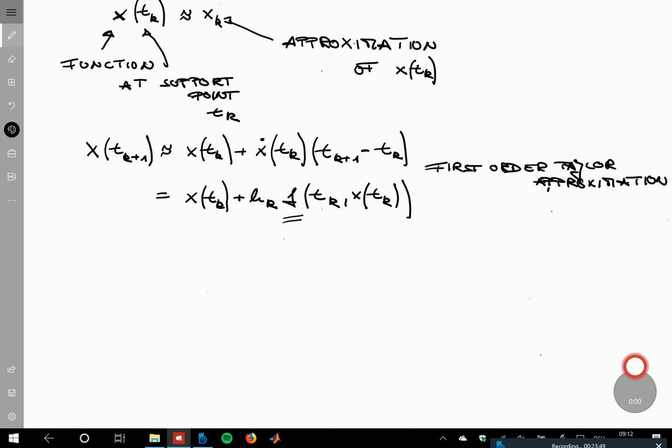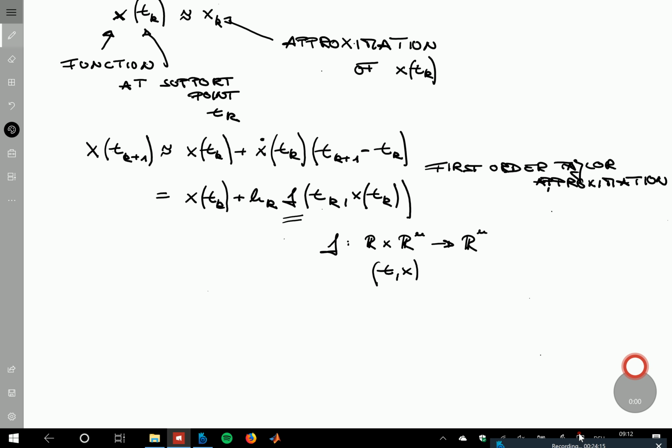You would have to write a function that implements the evolution of the system, which takes as inputs time and the values of x, and gives you as output a value of x dot.